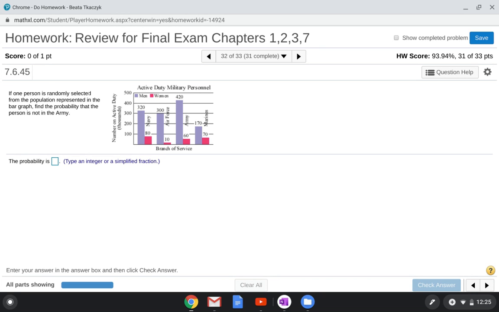If one person is randomly selected from the population represented in the bar graph, find the probability that the person is not in the army. Okay, so army we have 60, so not in army. Let me see if I can copy that graph only.